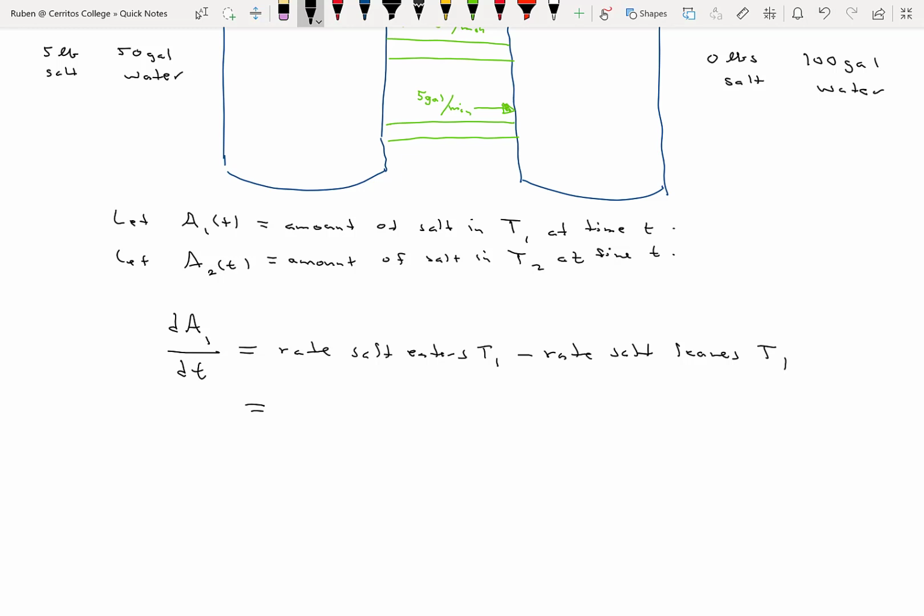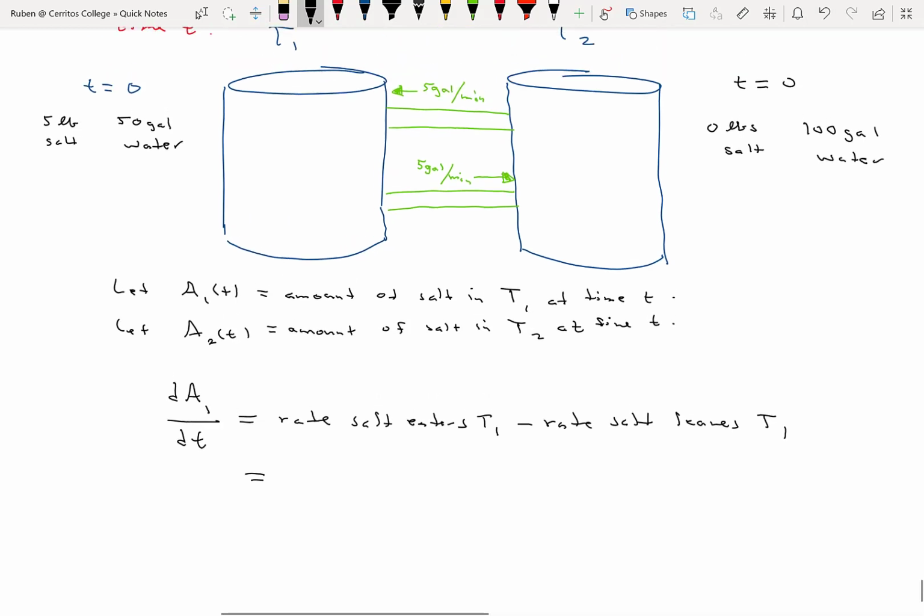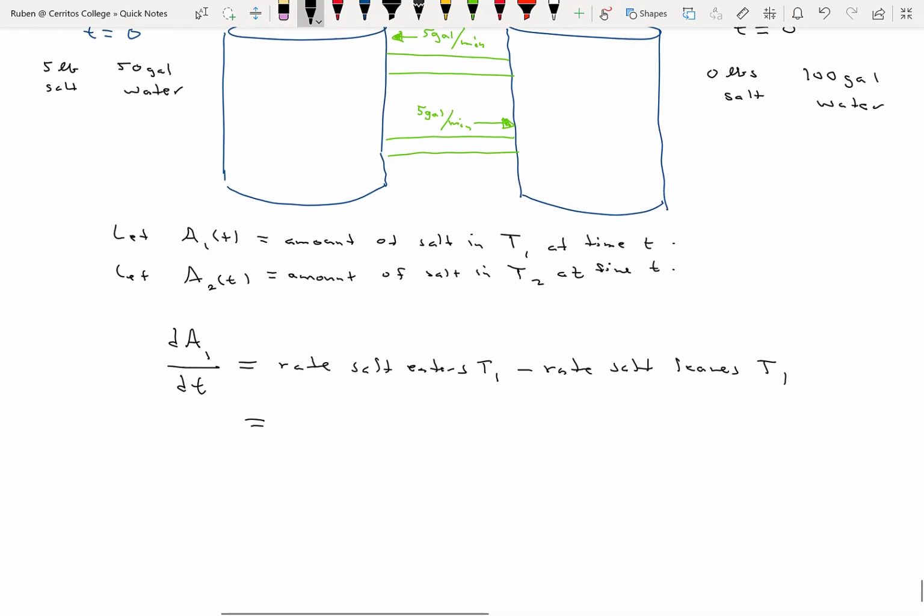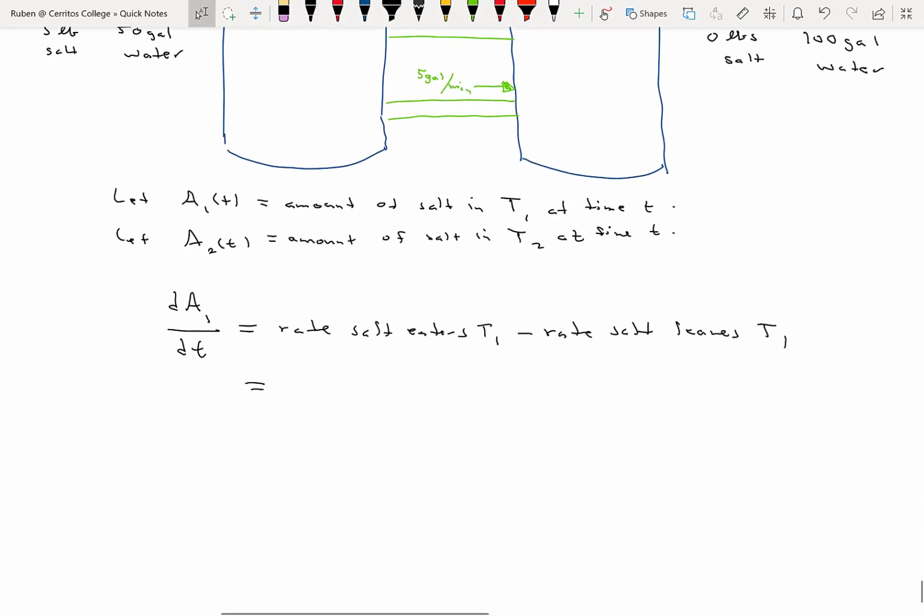It's the concentration of the salt entering. Well, from where is the salt entering tank 1? It's entering from tank 2. So the concentration of the salt in tank 2 is A2 pounds divided by the volume in A2. In A2, the volume is a constant 100 gallons.